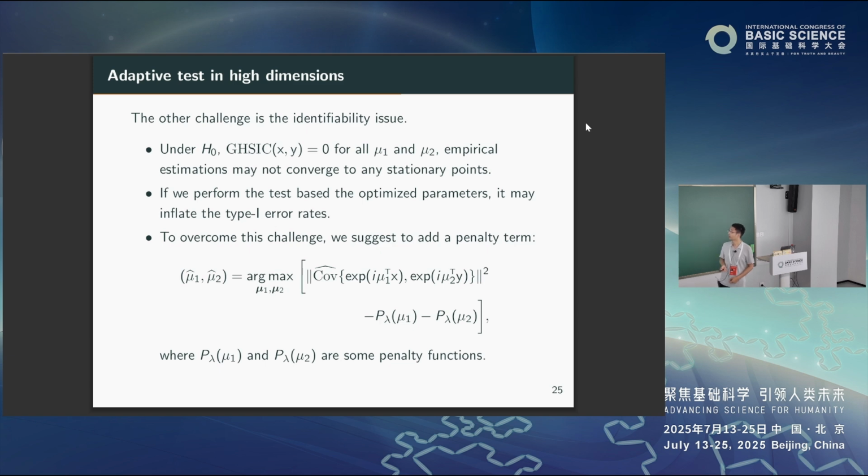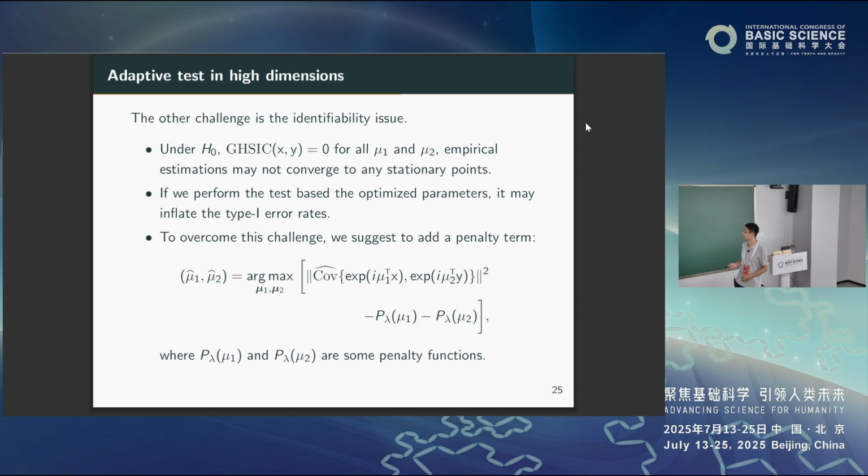To overcome this issue, we suggest adding a penalty term to the optimization problem. The incorporation of the penalty term enforces that under the null hypothesis, the estimated mu1 and mu2 will converge to a stationary point at 0 if, for example, we use the L1 norm penalty. Intuitively, under the null hypothesis, the covariance is very small because for arbitrary mu1 and mu2, this covariance will converge to 0.